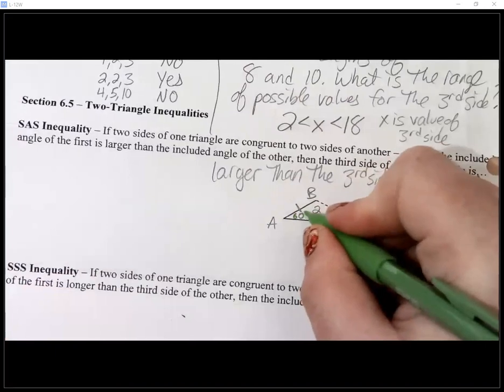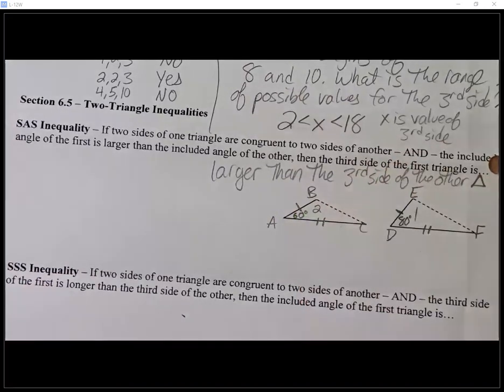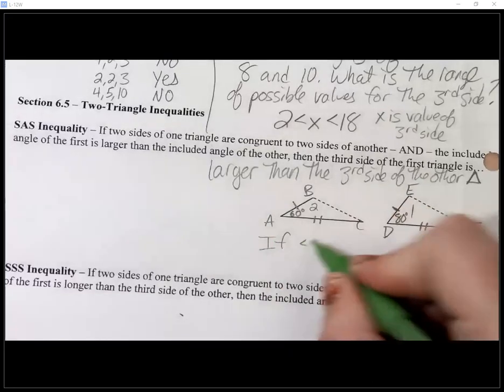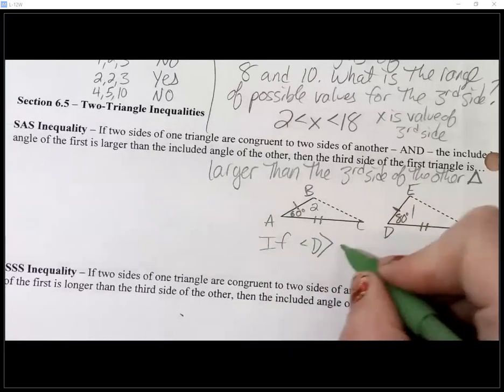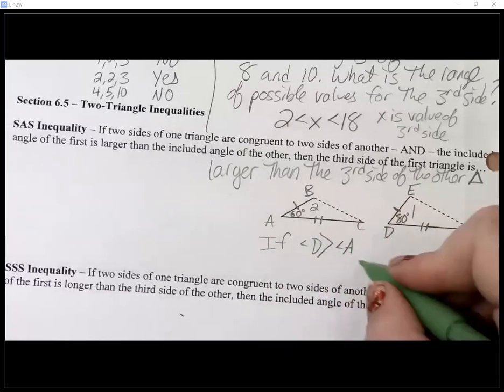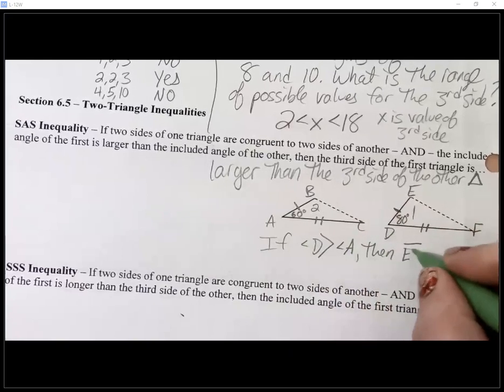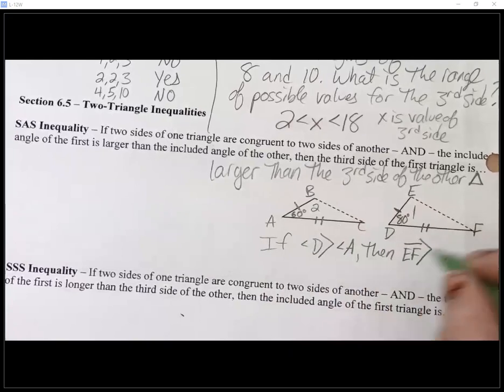So if I know that angle D is going to be bigger, that means side EF has to be bigger than side BC. So if angle D is greater than angle A, which it is in this case, then side EF will be greater than side BC.